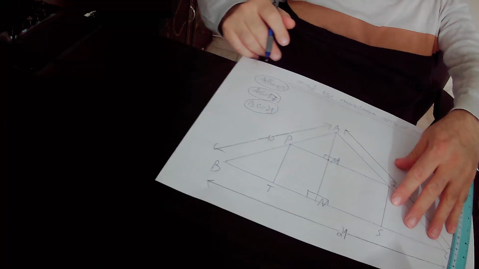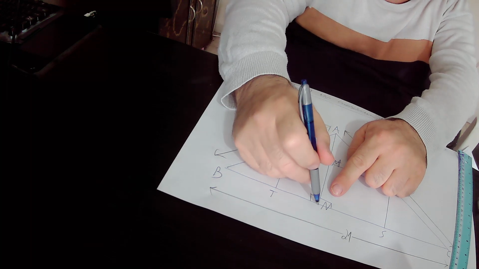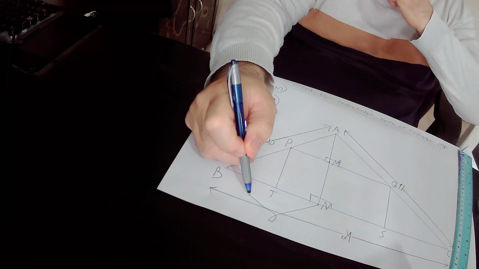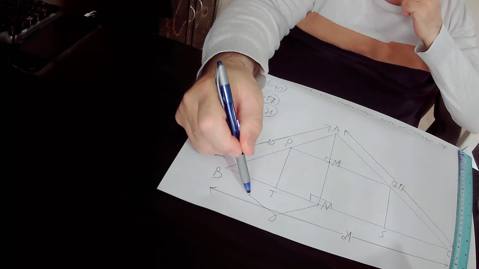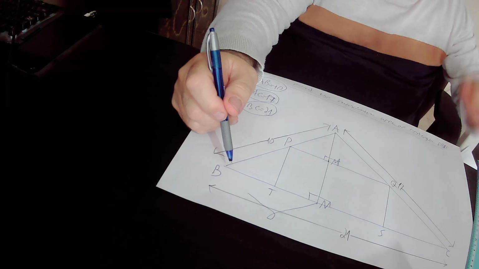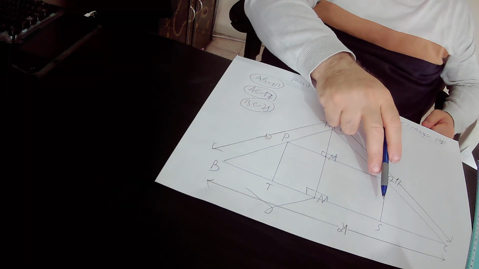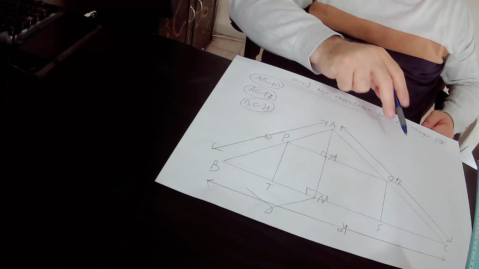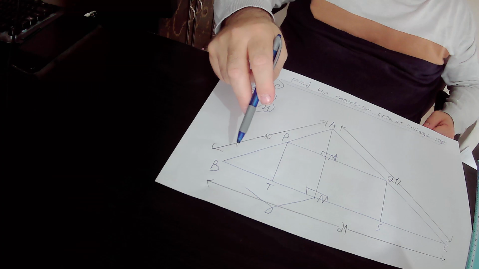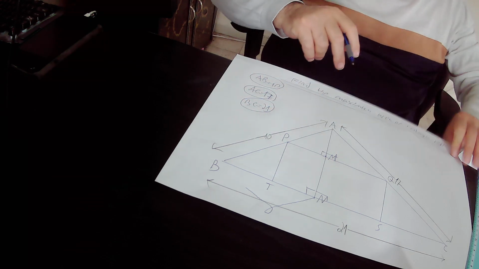In the next step, we define the length of this line segment BN as x. Actually, we define the length of line segment BS as x.